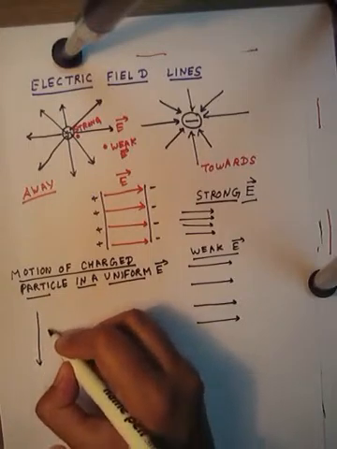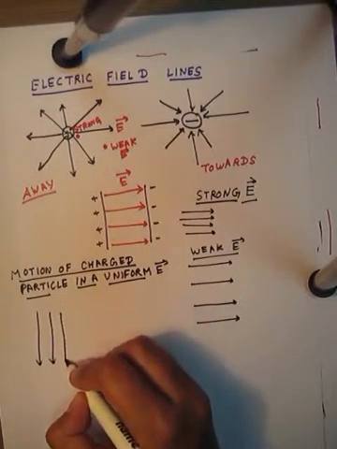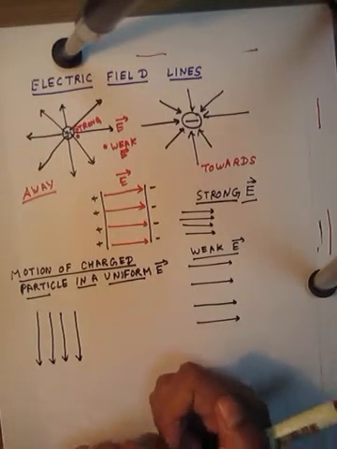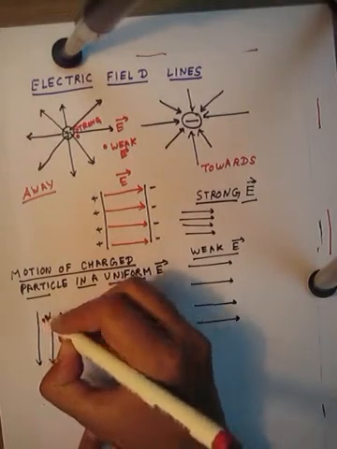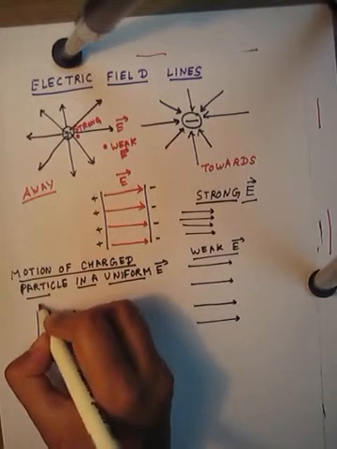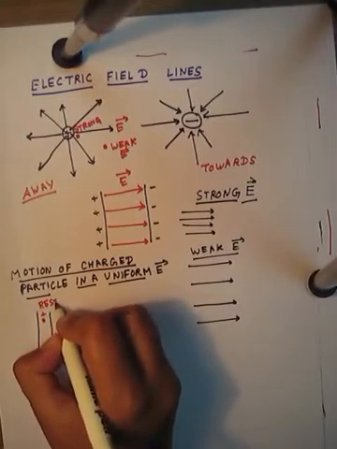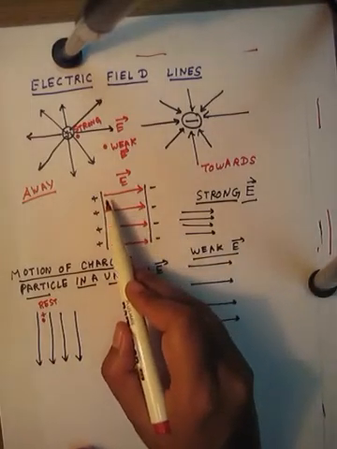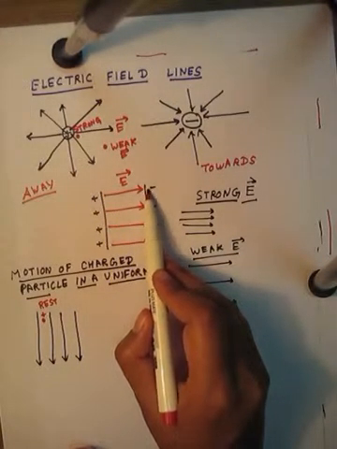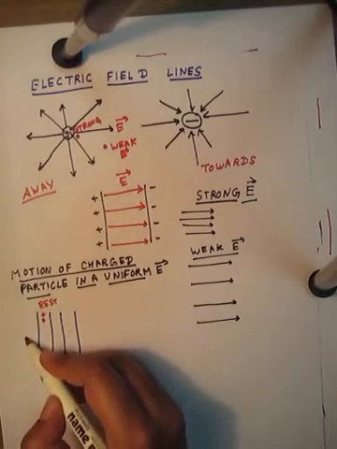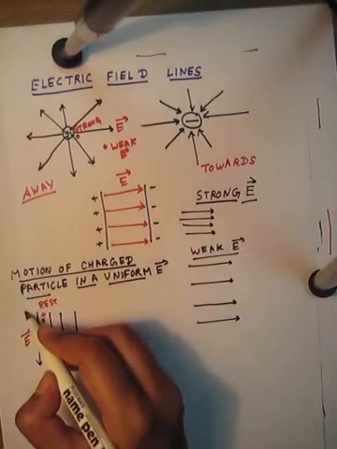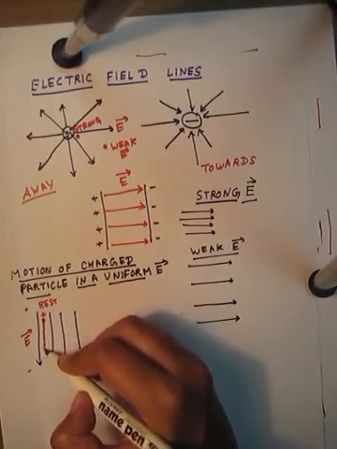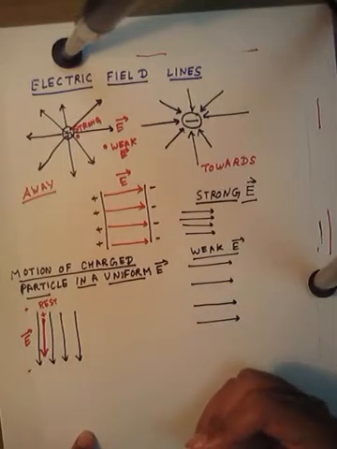Suppose you have a uniform electric field, so the lines will be equidistant, and a positive charge entering this field is at rest. You know that the electric field line is always plus to minus. So if the electric field is in this direction, the plus is here and the minus is here. So this charged particle will experience a force along the field.